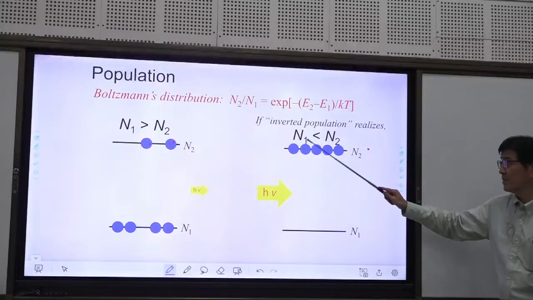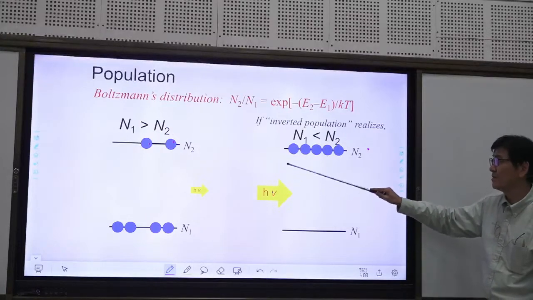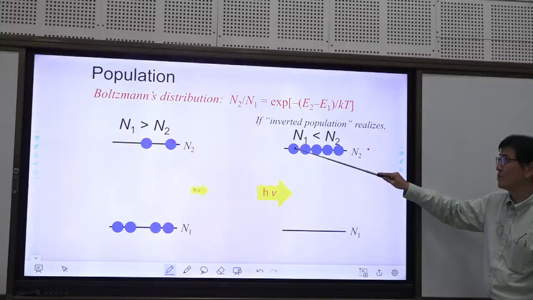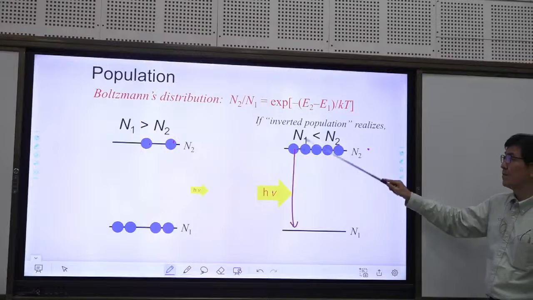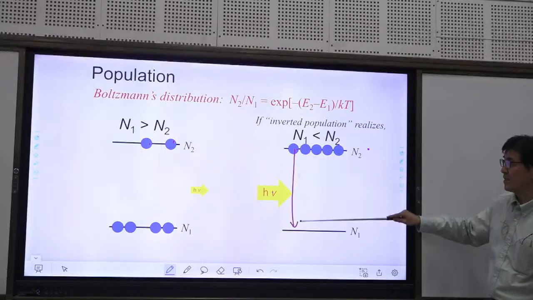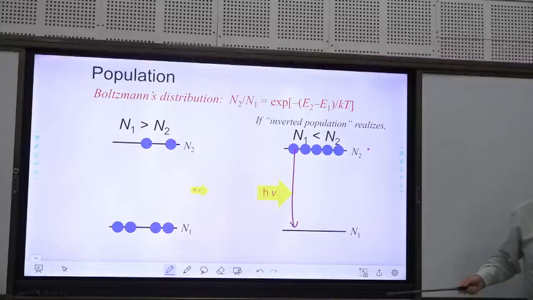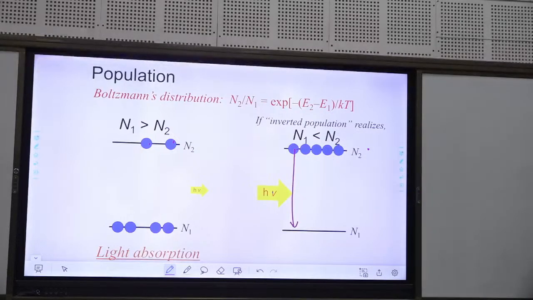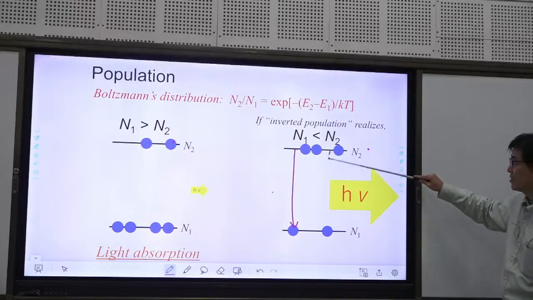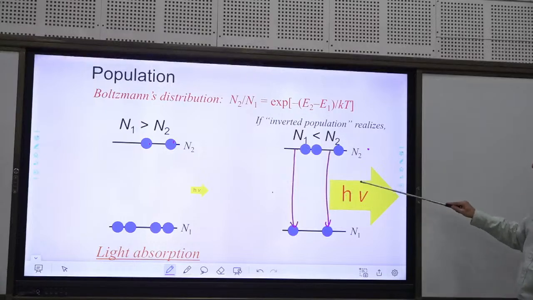That is, this light drives the molecule from the upper to the lower state, and this energy difference is changed to light. Accordingly, if we can realize the inverted population and irradiate light, it drives two particles, for example, and the light intensity is intensified.